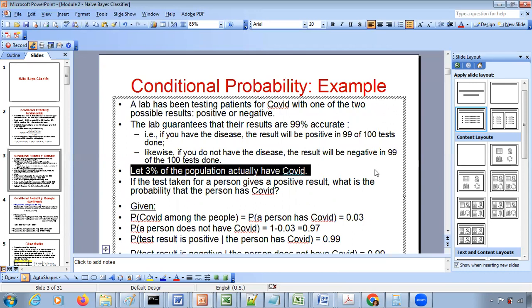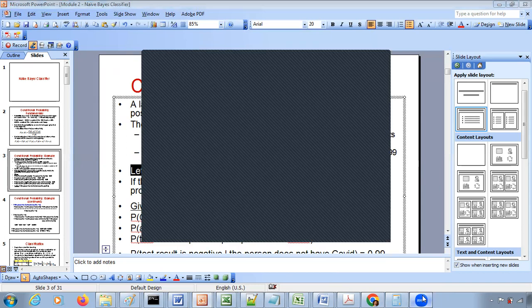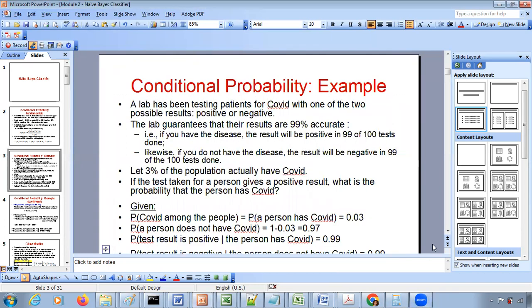Then if the test taken for a person gives a positive result, what is the probability the person has COVID? So somebody goes to a lab and takes a test for COVID and the result comes out as positive.